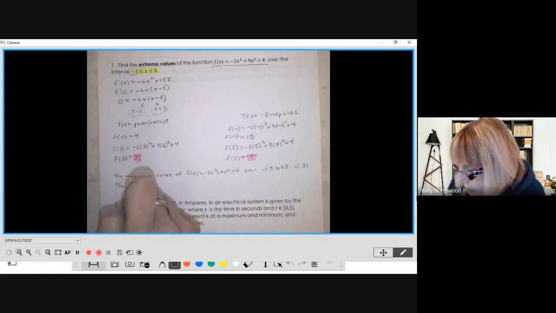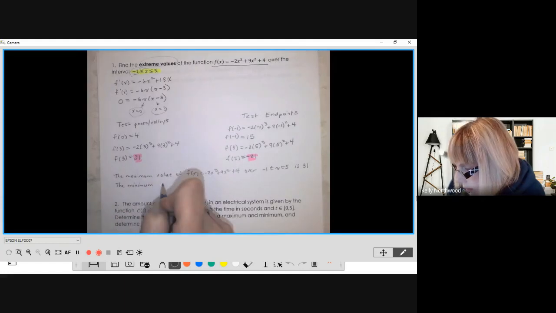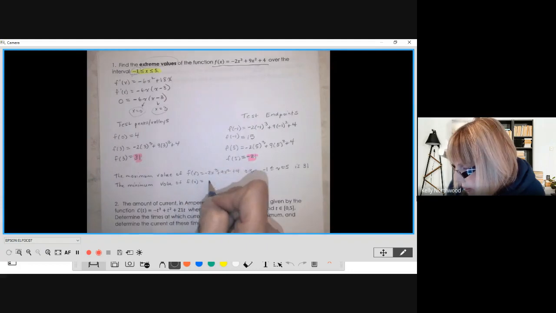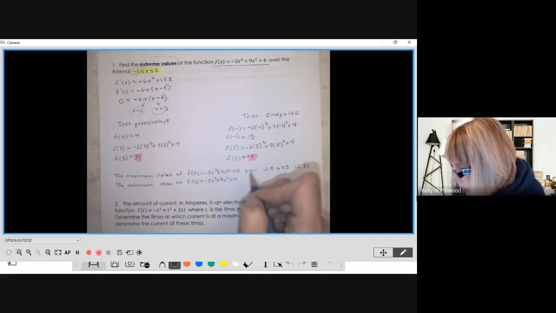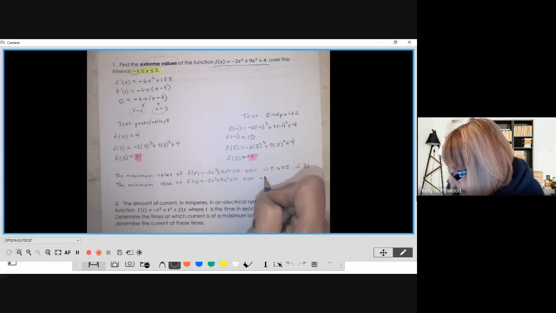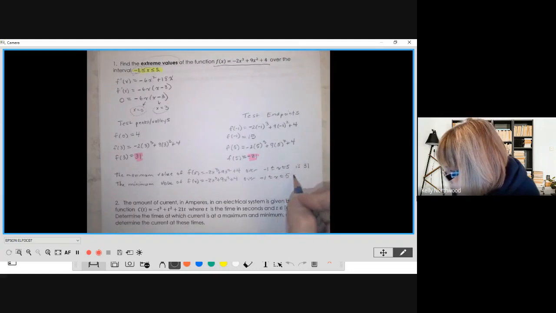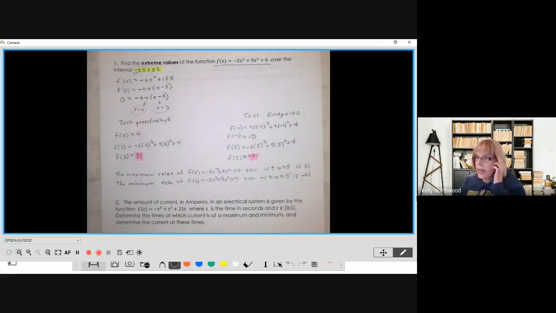And the minimum value of f at x equals -2x cubed plus 9x squared plus 4 over this interval is -21. So find the extreme values, so we find the largest and smallest values of that function over that interval. And that's how you do it.